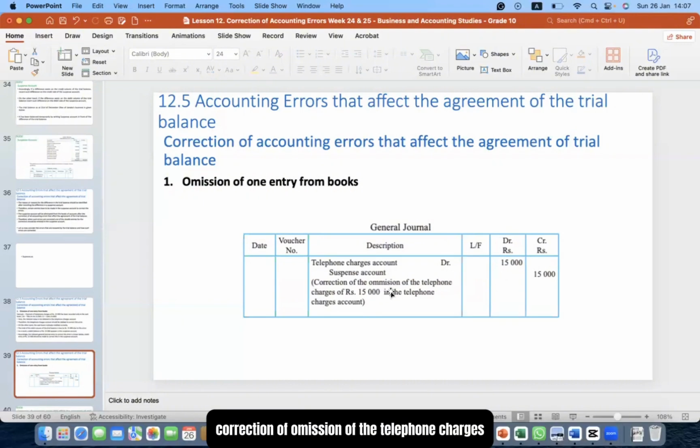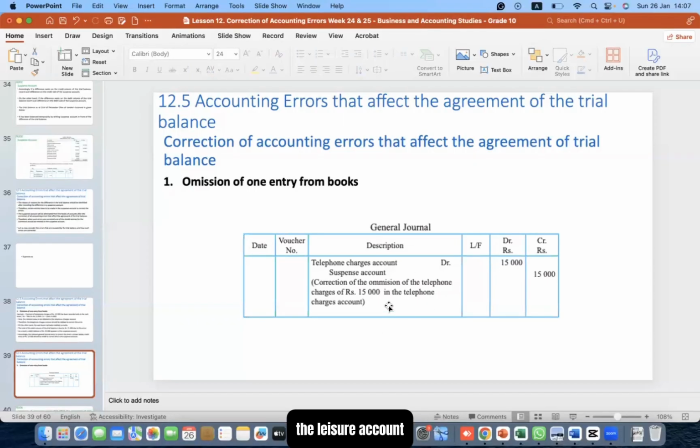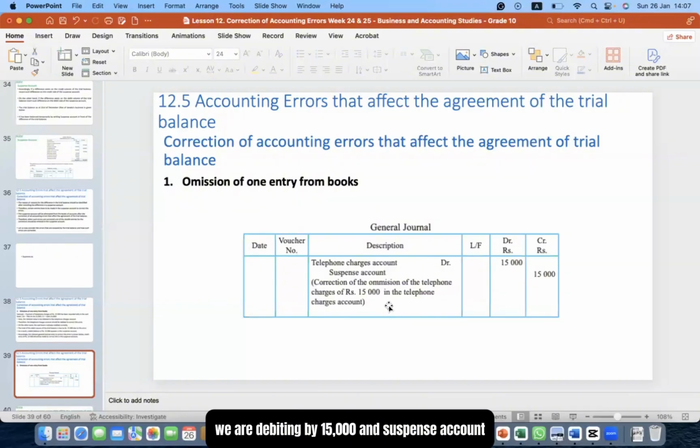This is the correction of omission of the telephone charges of rupees 15,000 in the telephone charges account. In the ledger, we debit the telephone charges account by 15,000 and credit the suspense account by 15,000.